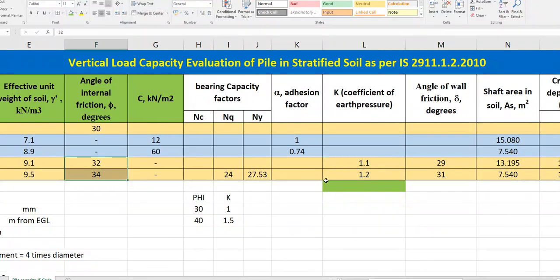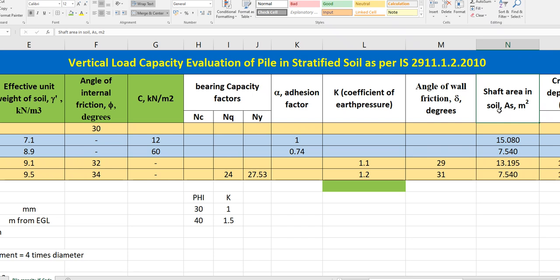But to be on the conservative side, and assuming that because of boring the soil will get disturbed around the pile and give lesser skin friction than the original soil, we have assumed a value of delta equal to phi minus 3. See, here we have 31, which is actually 34 minus 3. So this is the angle of wall friction.